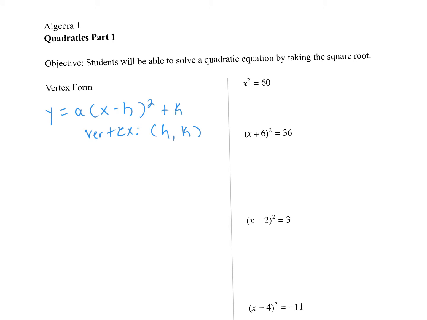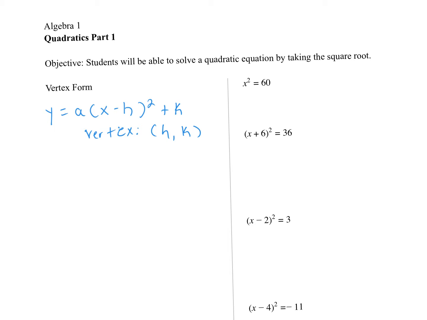So everything that we're working with today is in a simplified form of the vertex form. Sometimes h is going to be 0, maybe a, but it is all simplified form. And now we're going to solve using square root of a different form of the vertex form. So let's look here.